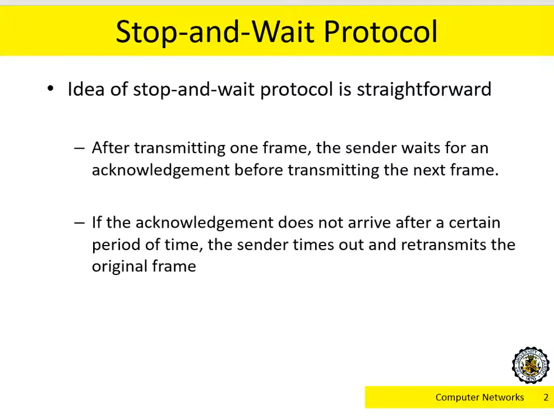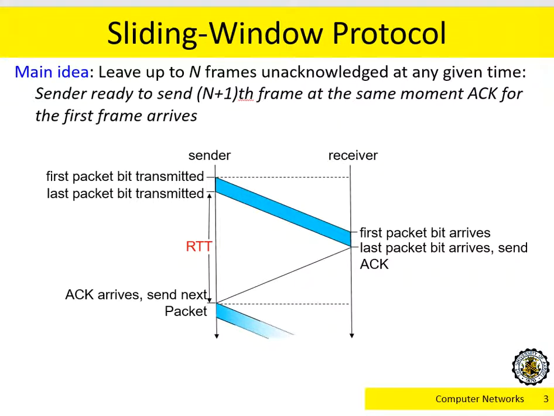As we mentioned in last class, it is straightforward and simple, but it does not use the bandwidth or the networking resources efficiently. Basically, there is a lot of waste of bandwidth. In order to address this issue, to use the networking resources more effectively, we have another protocol called the sliding window.